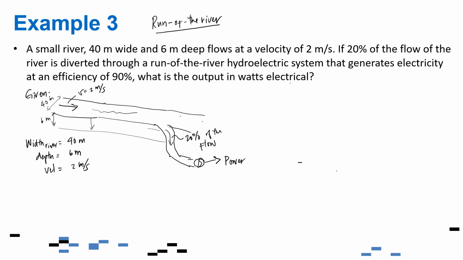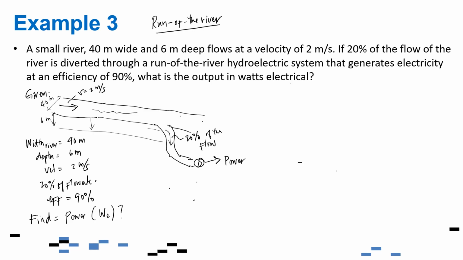And then we are given that 20% of the flow rate is also diverted to the run-of-the-river hydroelectric system, and the efficiency is 90%. So the question is, what is the power? Oh, sorry, so this should be power in terms of watts electrical. All right, so that is the question now.